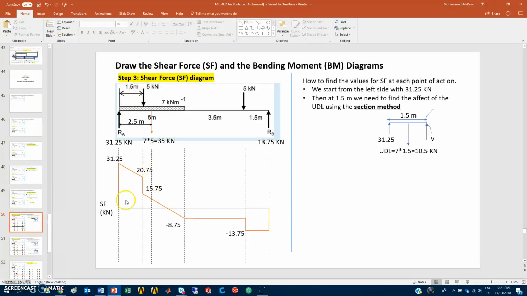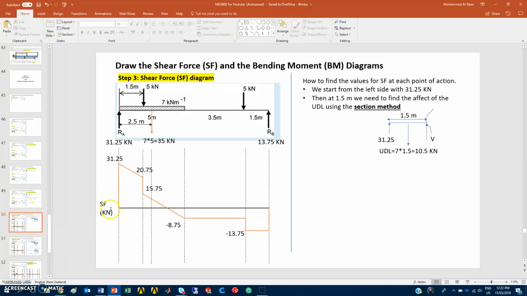Now in this step, step 3, we need to find the shear force diagram. I already sketched the shear force diagram, but I need to explain it step by step. First we start the shear force diagram from the left side. We have the support reaction 31.25 going upwards. I write SF to represent shear force, with kilonewtons as the unit.